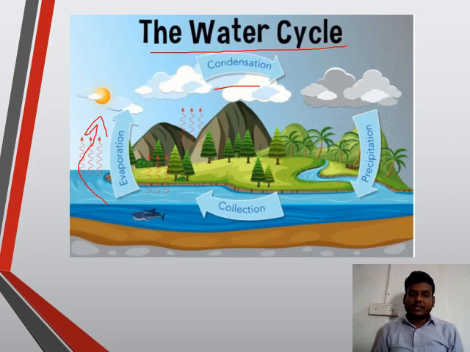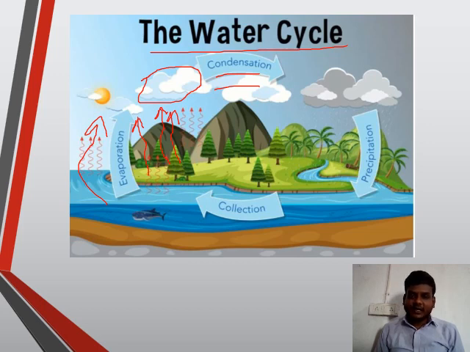The land and the ocean heat up, and the vapor rises in the heat. We call this evaporation. Then the water is stored in the clouds. We call this condensation.